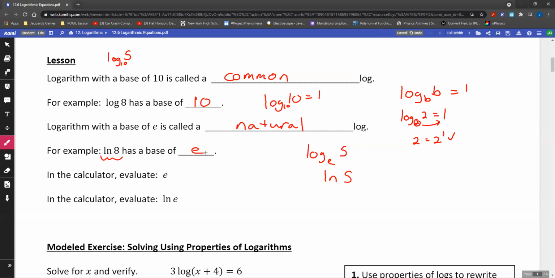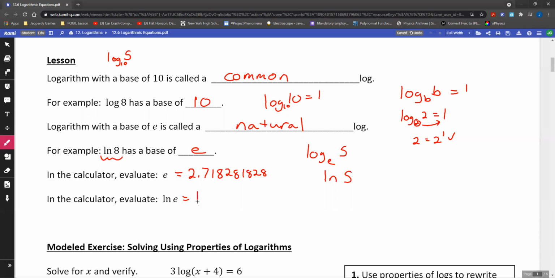Now, if you go in the calculator, you can plug in the value for e, and we see that e equals 2.718281828, and ln of e is equal to 1.